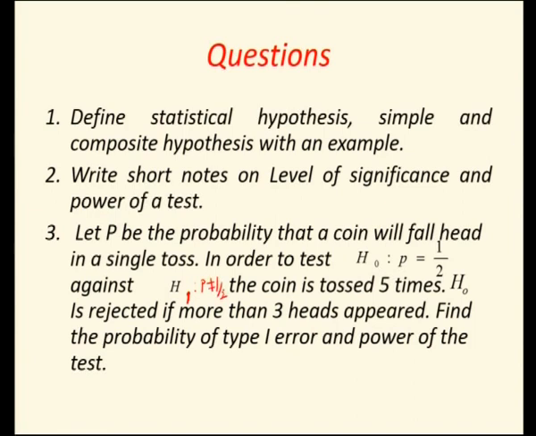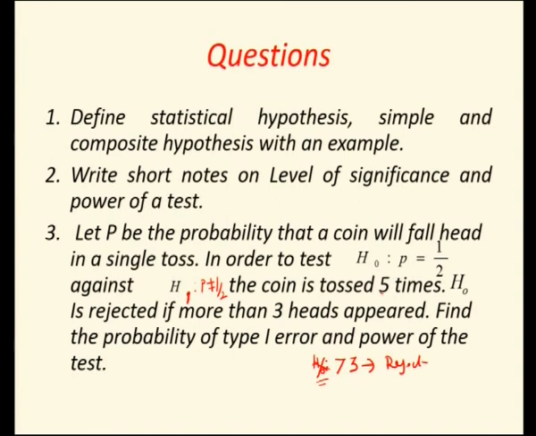So, it becomes a two-tailed test. The coin is tossed 5 times. H naught is rejected if more than 3 heads appear. That is, your critical region will be: if x is greater than 3, you reject. Here x denotes the number of heads. Automatically the acceptance region will be x less than 3.